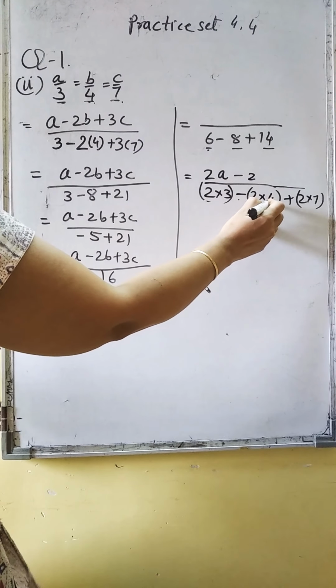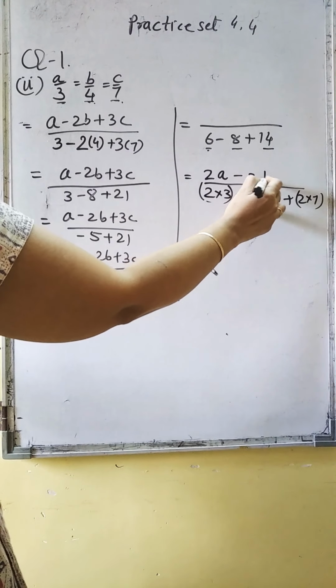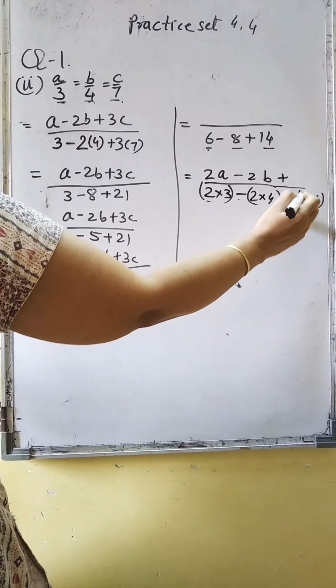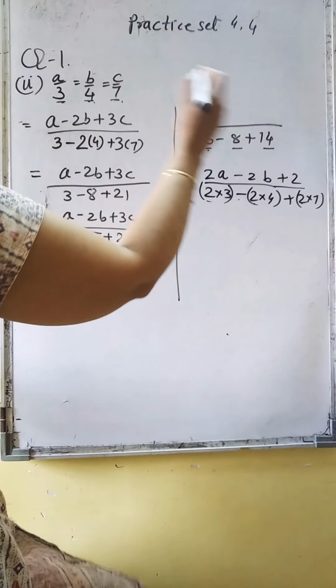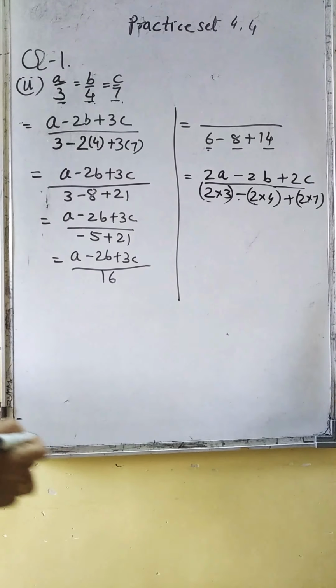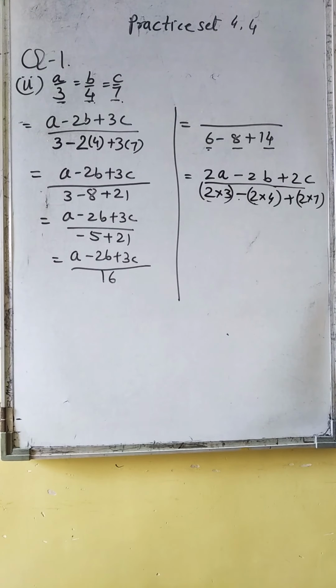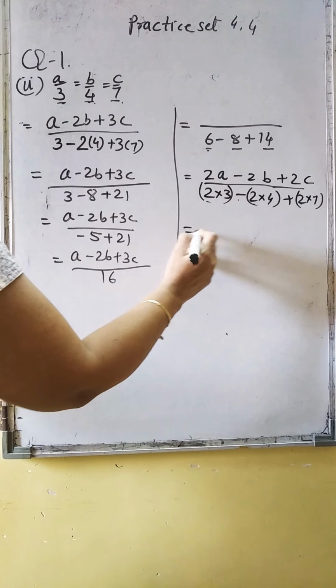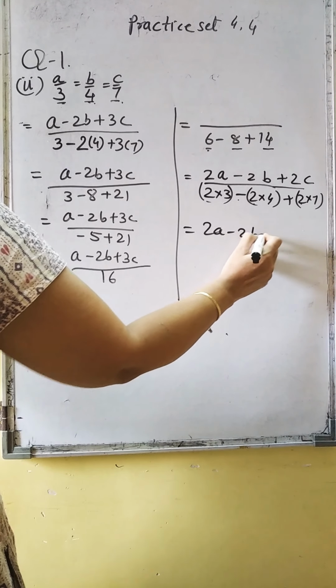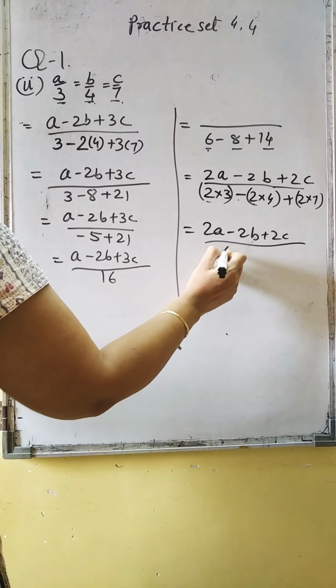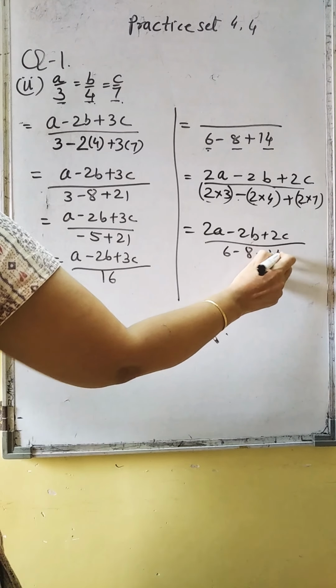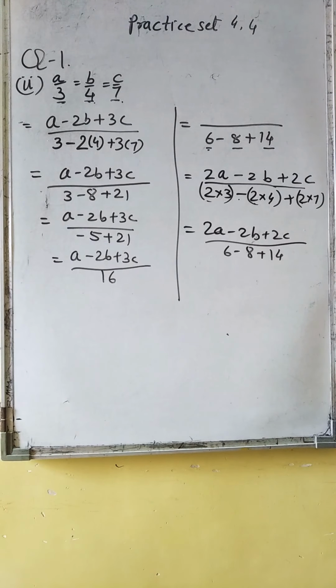This 2 and this will be B, and then plus this 2 is there. Instead of 7 I have C. So you have 2A minus 2B plus 2C. So you can write the answer. This is 2A minus 2B plus 2C upon 6 minus 8 plus 14. Clear?